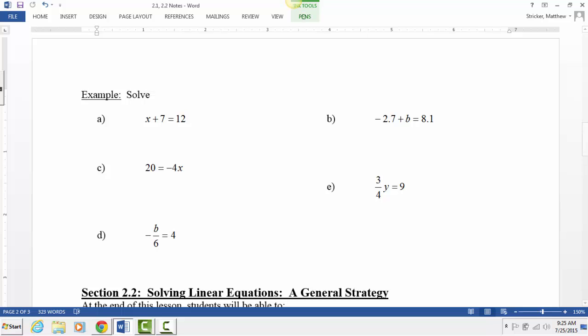So let's jump right in here. We have an equation. We have x plus 7 equals 12. Now ask yourself the question, is x by itself? Have we isolated x? No. We need to isolate it, and the way we do that is with inverse operations.